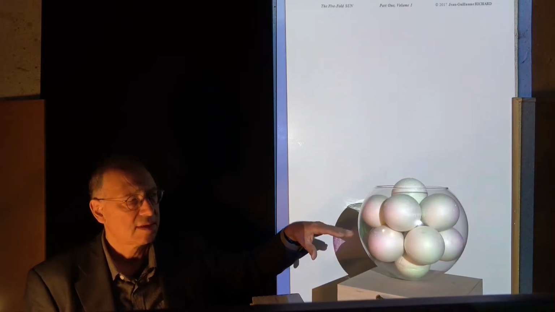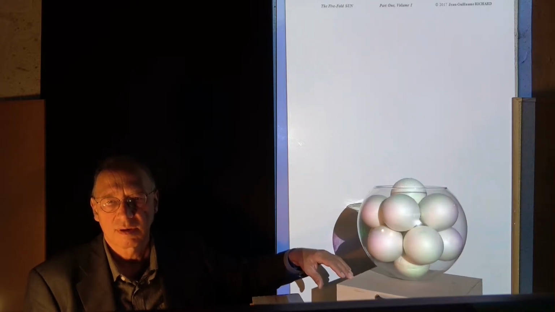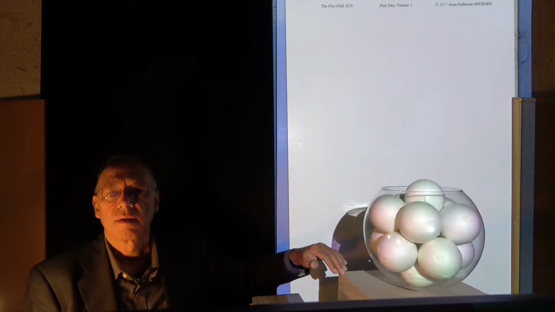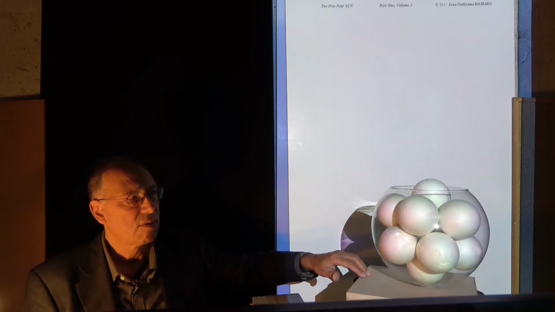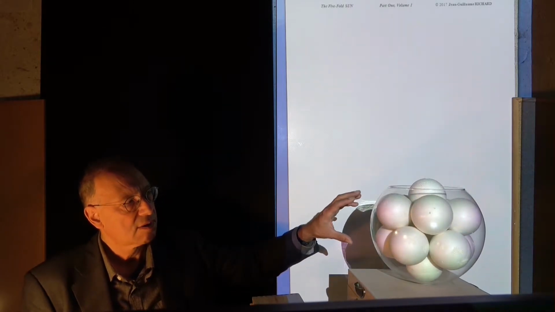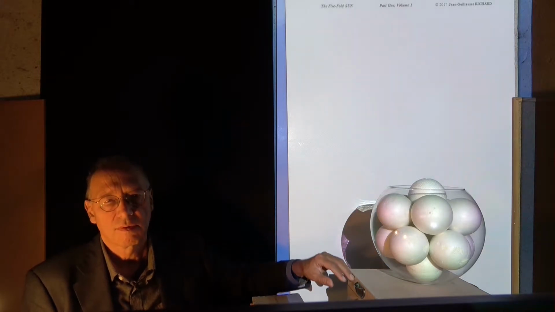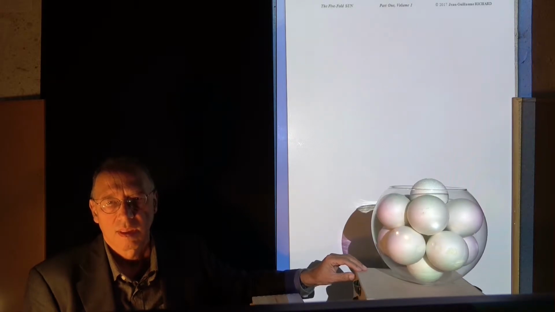And then there is a lower ring with as many balls. There are again 5 of them. These 2 rings in all are composed of 10 balls. Then we get a total with the 2 polar balls of exactly 12 balls.